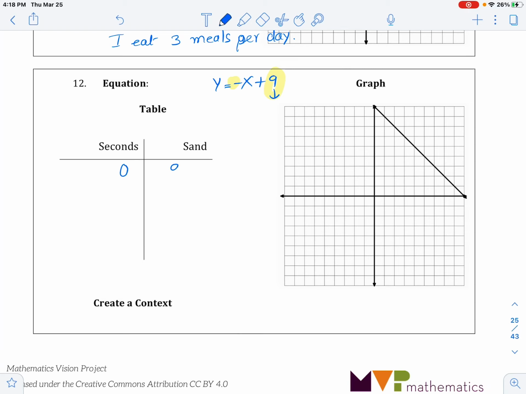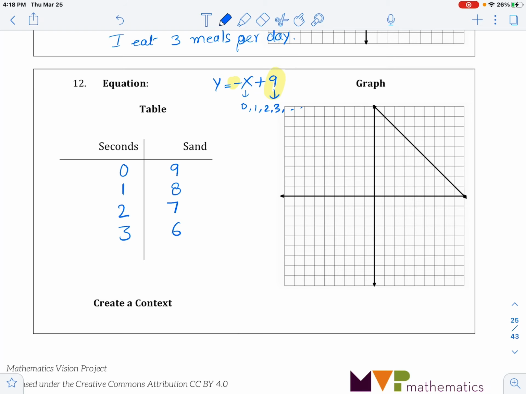So in the beginning you had 9, x is 0, so you get obviously 9 if you plug it in over there. If you plug in 1, x is 1, you get 8. You have to plug in values of 0, 1, 2, 3, and see what you get as y. When you plug in 2, you get 7. For 3, you get 6, and so on.